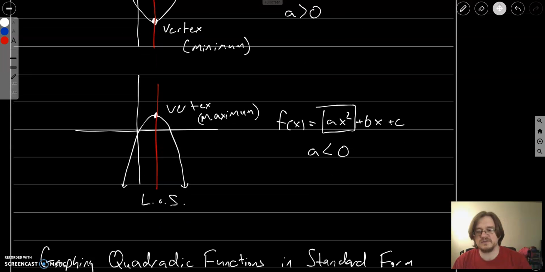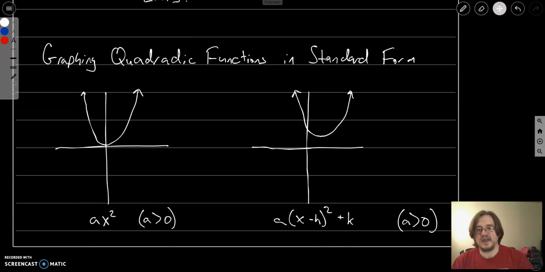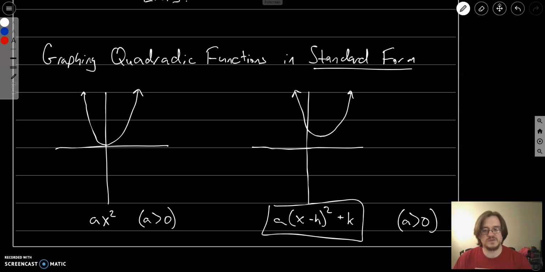So it turns out that there's a very nice way of writing a function down, and that's called standard form. And the standard form for a quadratic function is going to look something like this. So to explain why, if we think about just a regular parabola where we've got a times x squared, where a is going to be positive.